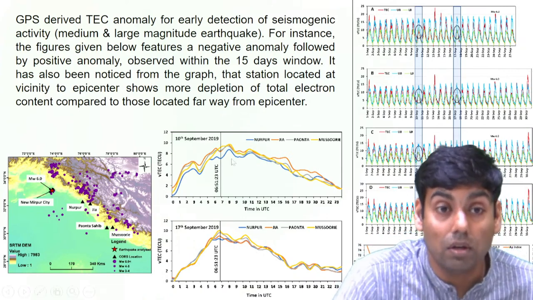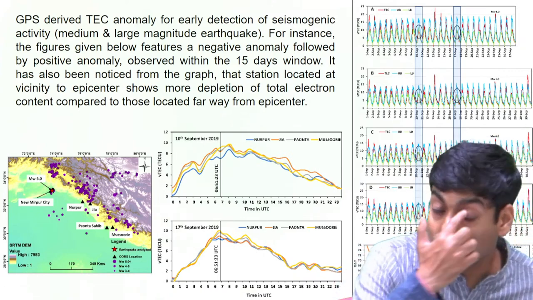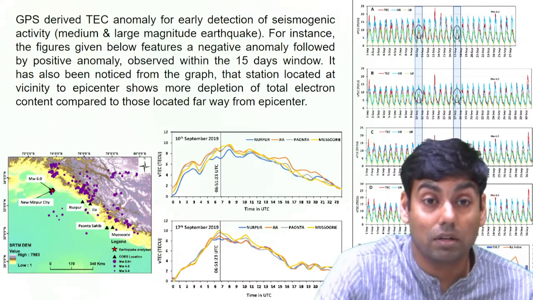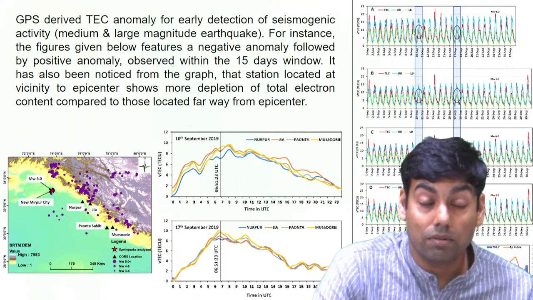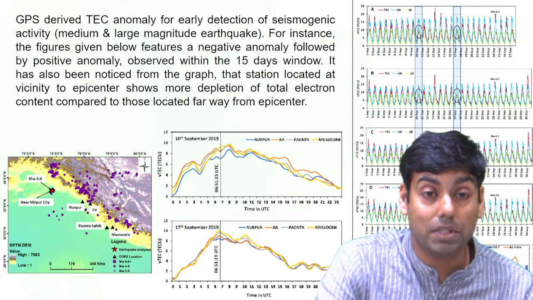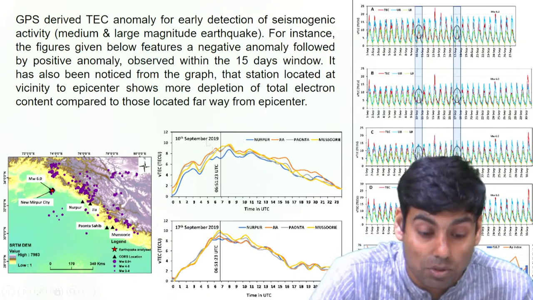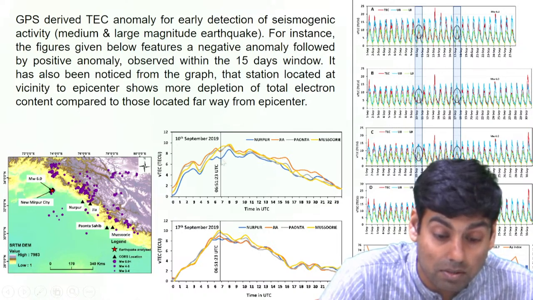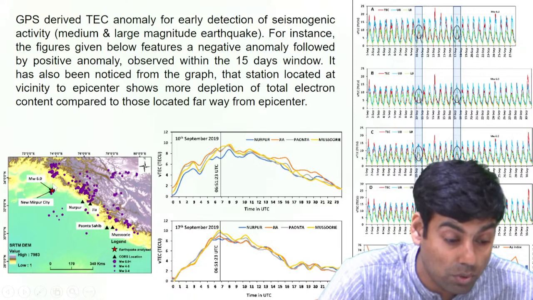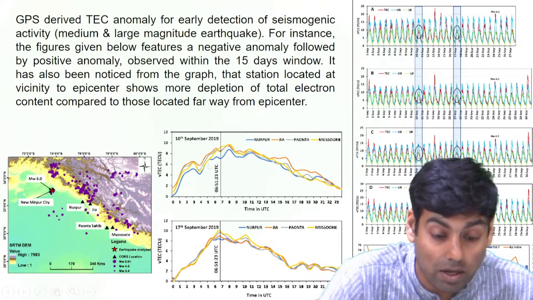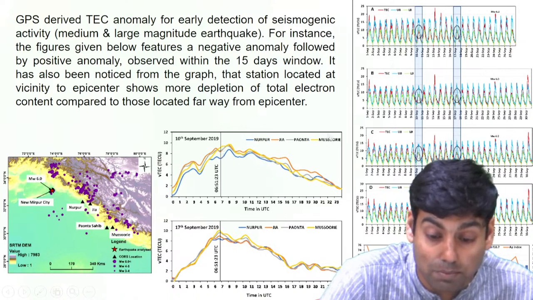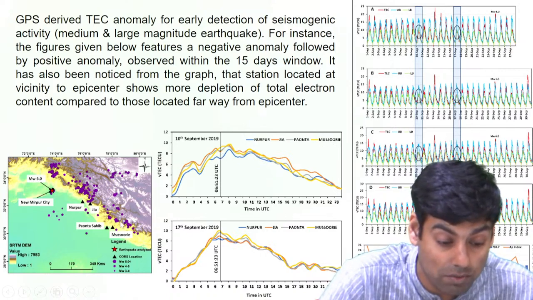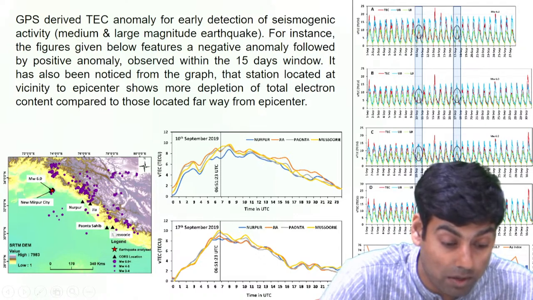Also, the stations very close to the epicenter will see more depletion, and the stations away from the epicenter will see less depletion. Here you can see the depletion, and this is the Nurpur station. Here we observed the maximum depletion, and it continuously decreases, and it is minimum in the Mussoorie region, which is situated here.